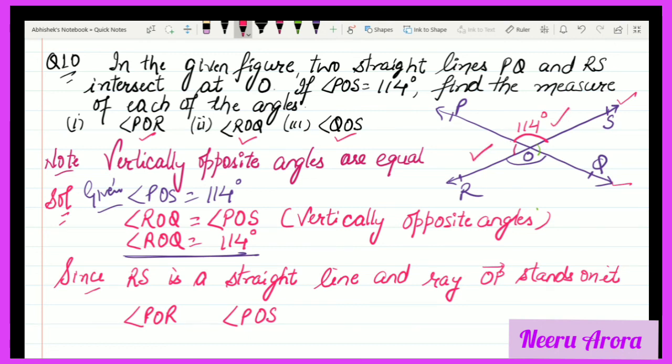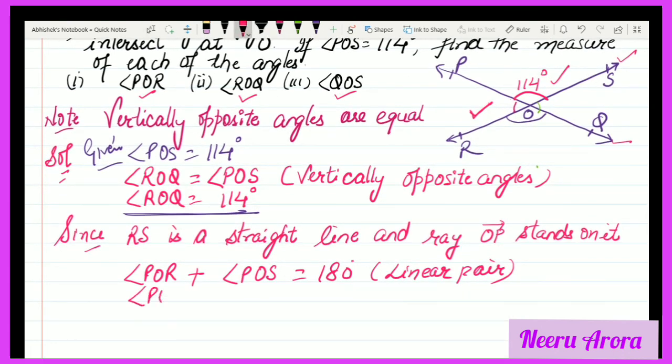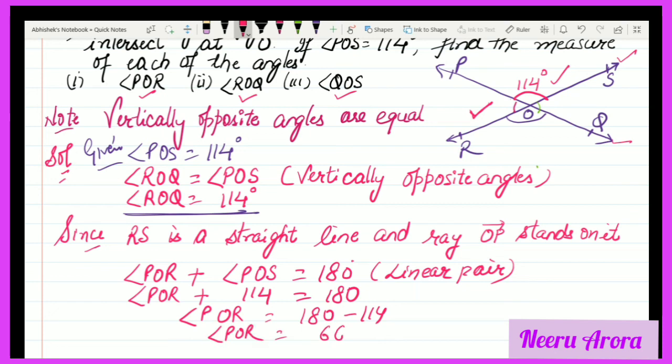POR and POS form adjacent angles on the straight line, so by linear pair property, their sum is equal to 180 degree. POR we don't know, but we know POS is 114 degree. POS is 114, plus POR, that is equal to 180 degree. POR is equal to 180 minus 114, that is equal to 66 degree.